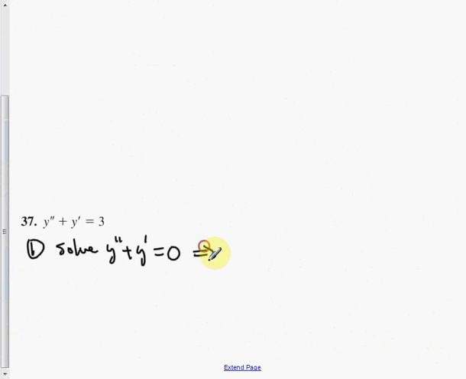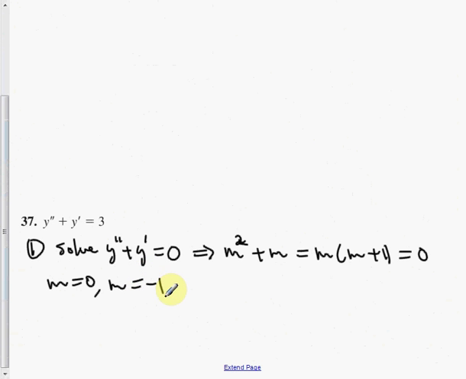So this implies that the auxiliary equation is m squared plus m, that's equal to m times (m plus 1) equal to 0. So m equals 0, m equals negative 1. So this implies that y sub c is equal to c sub 1 plus c sub 2 times e to the negative x.